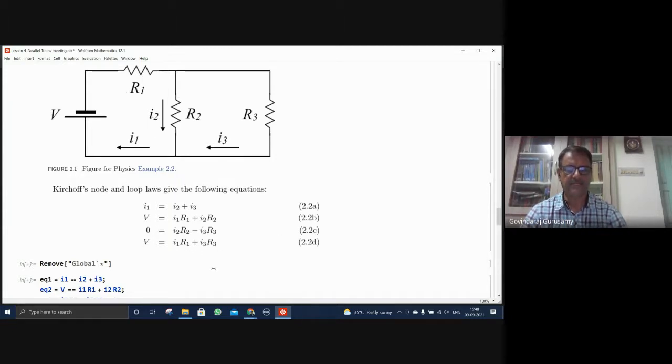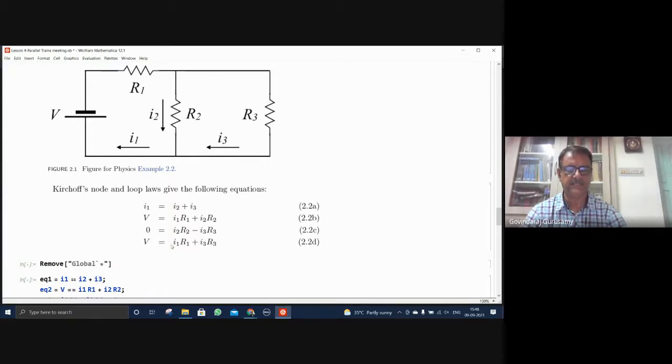These are 4 equations. You have I1 and I2 here, and then B equals I1 R1 plus I2 R2. The 0 voltage is between I2 R2 minus I3 R3, because when the voltage drops from the source, the sign is taken plus or minus properly.